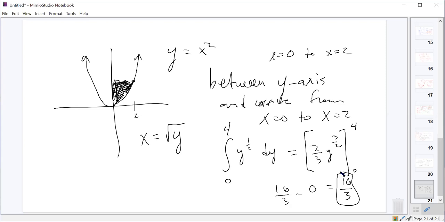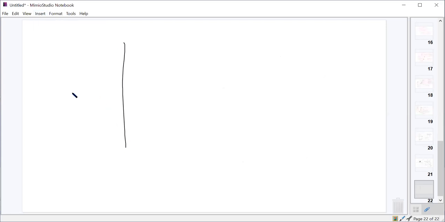Good. All right. You can also find the area between two curves, doing it in terms of y.